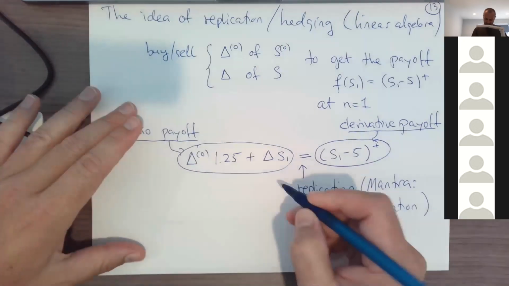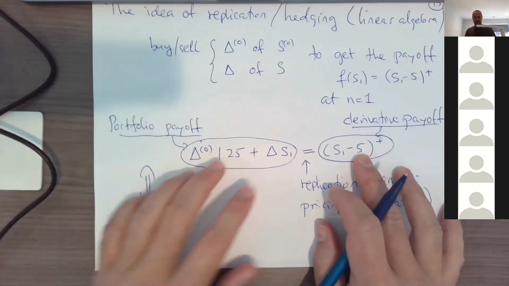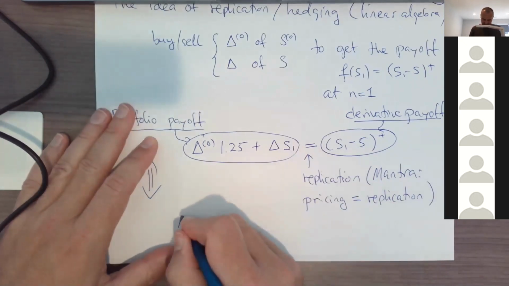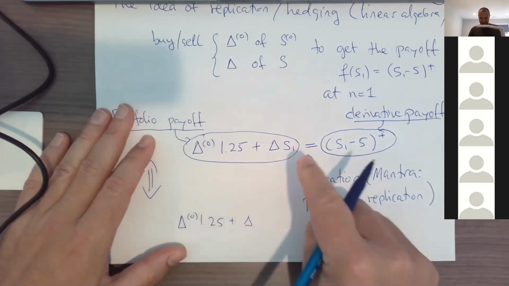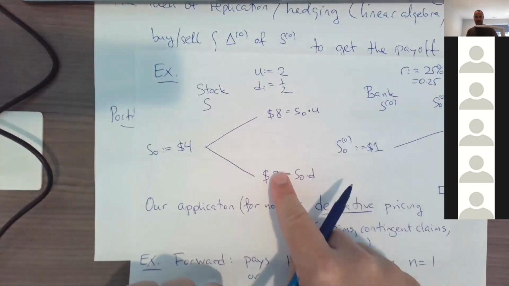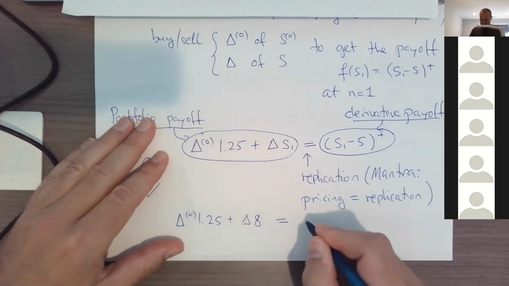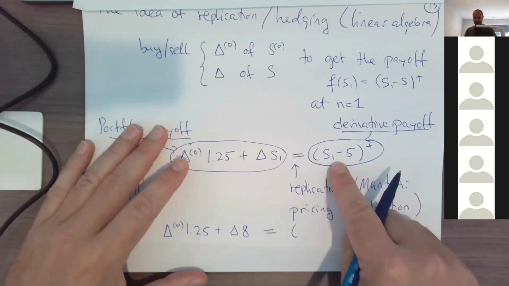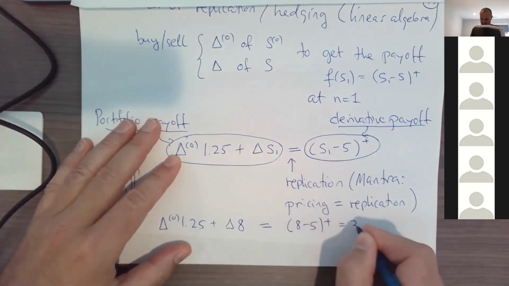I can write this set of equations because S1 can take two values. This is the same thing as saying delta 0 times 1.25 plus delta times S1, which could take two values, 8 and 2. So here I can put 8, and over here I would put 8 minus 5, which is 3.